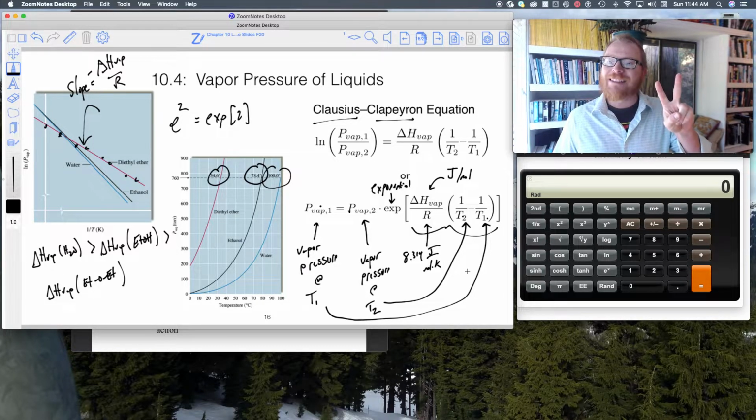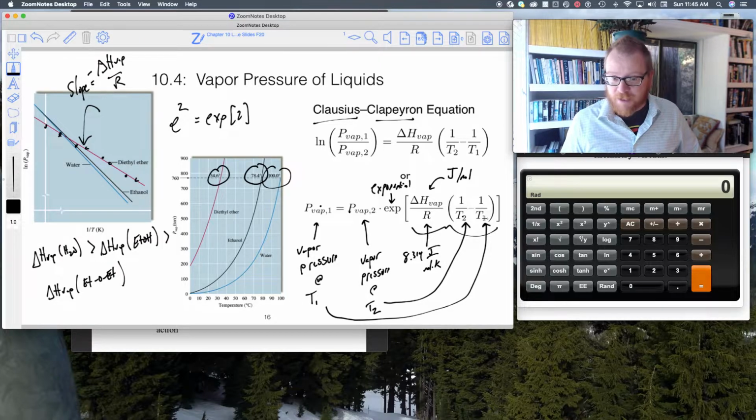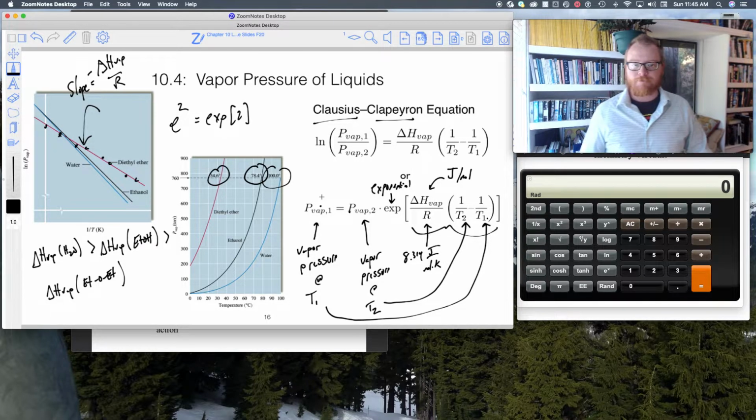So you can always get 2 data points on this equation by knowing the normal boiling point of a liquid. Why does that give you 2 data points? Well, because, for example, water boiling at 100 degrees, that means if, let's say, T1 is 100 degrees, then P1 has to be 760 torr, right?